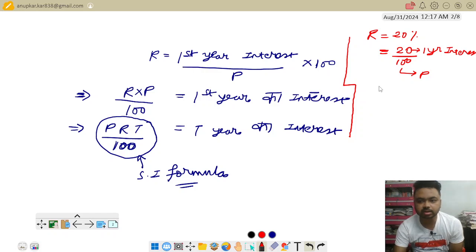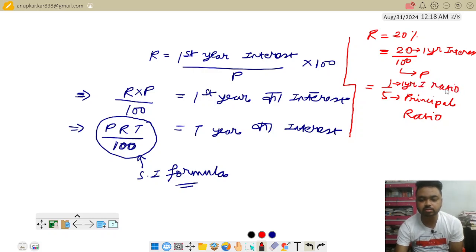Again if we reduce it, we will be getting 1 by 5. So this is the principal ratio and this is the 1 year interest ratio. Okay, this is the basic definition of rate and how we get the simple interest formula.